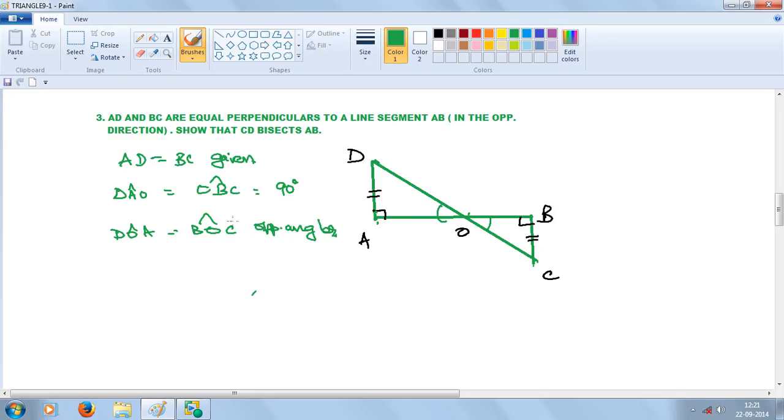So the second theorem we will apply in this. In this triangle DAO and this OBC, these two angles are equal, these opposite angles are equal. What about the third angle? The third angle also is equal.